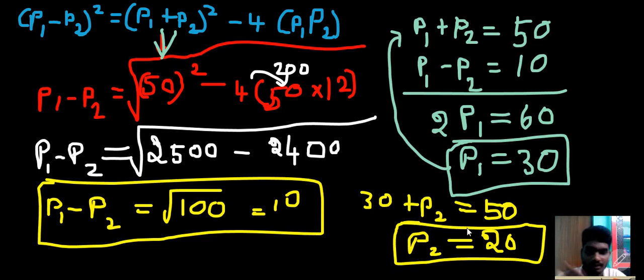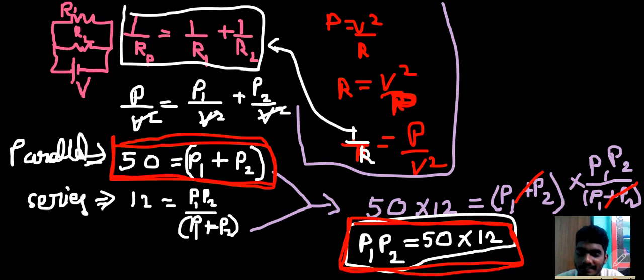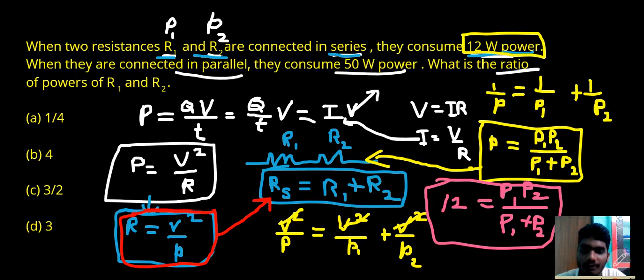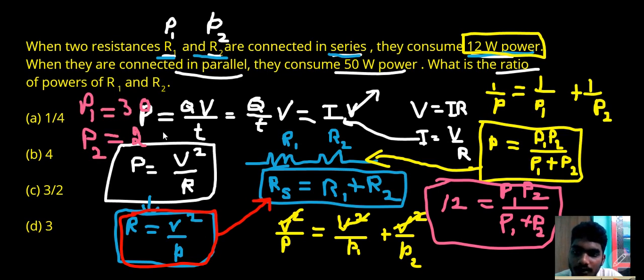We found p1 and p2. The p1 value is 30 and the p2 value is 20, right?